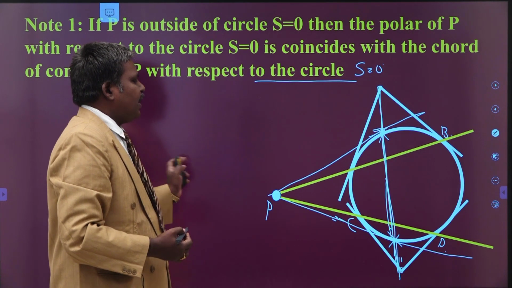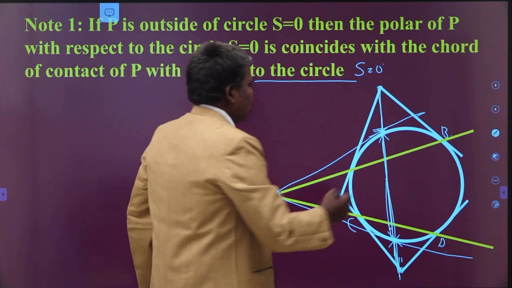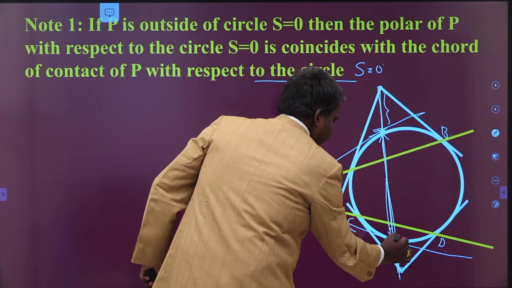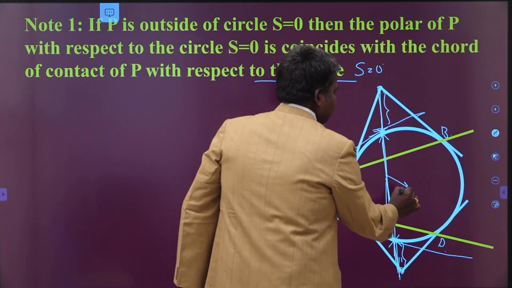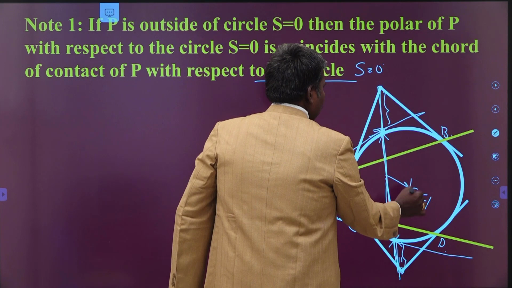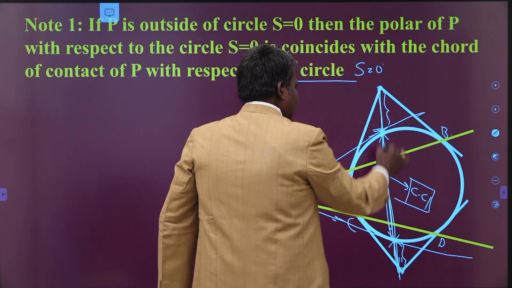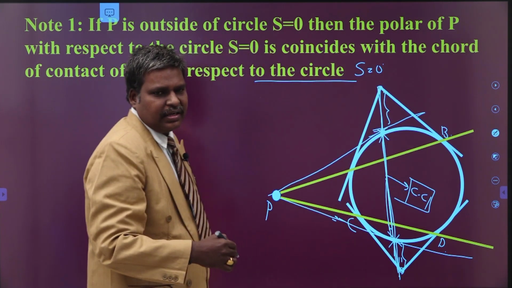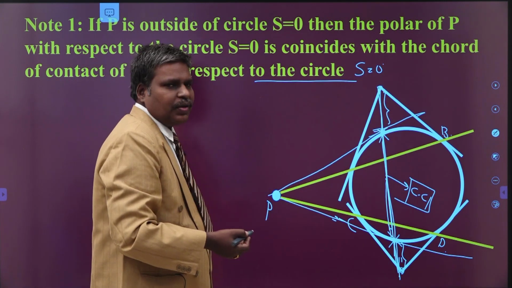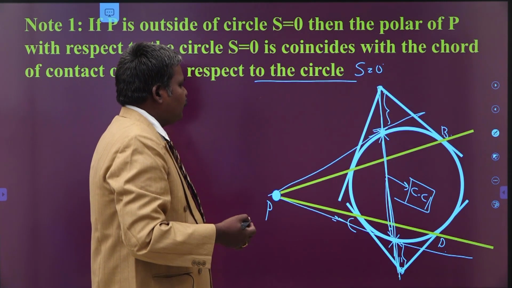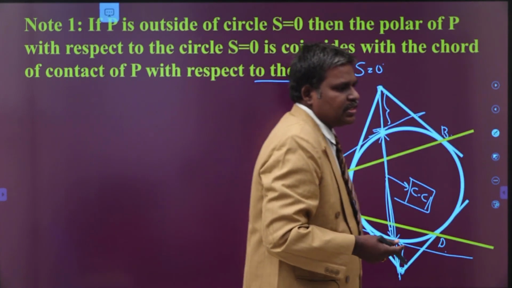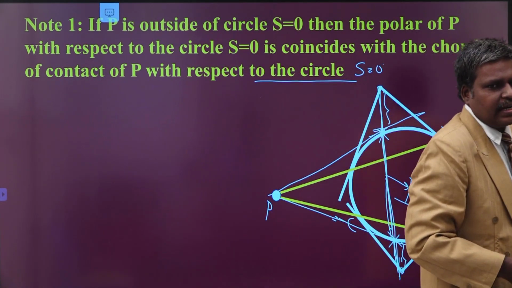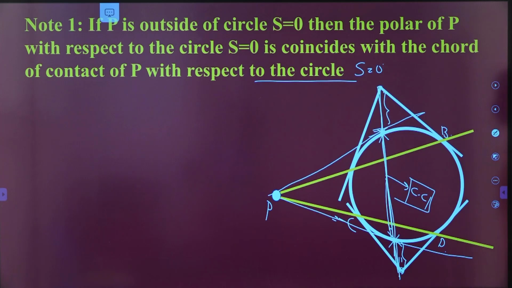Therefore, if your point is outside of the circle, then this polar coincides with the entire chord of contact. This is the chord of contact. So the entire secant line is my chord of contact, and it coincides with my polar. So if P is outside of the circle, then the polar of P coincides with the chord of contact of point P with respect to my circle.